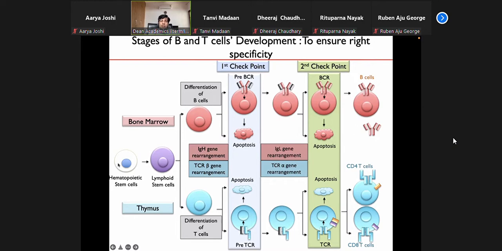So you know that lymphocytes, just like any other cells, start their process of development from hematopoietic cells, right? Hematopoietic stem cells give rise to lymphoid stem cells. And if these lymphoid stem cells have to become B cells, they remain in bone marrow, because this whole process is happening in bone marrow in higher vertebrates like humans, animals, right?